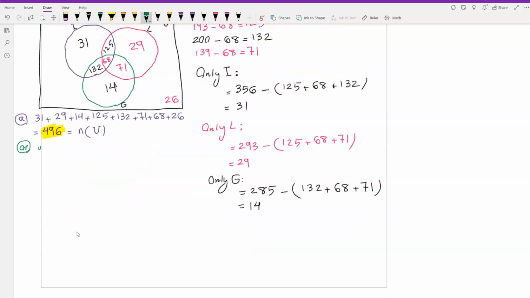Or use the addition rule to find the answer for part A. So we have the number of elements in all these three.